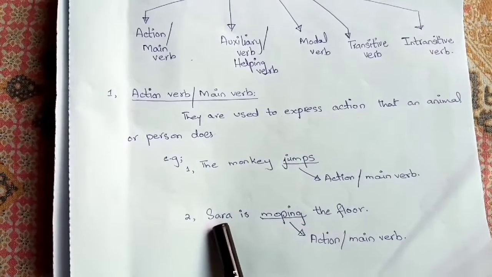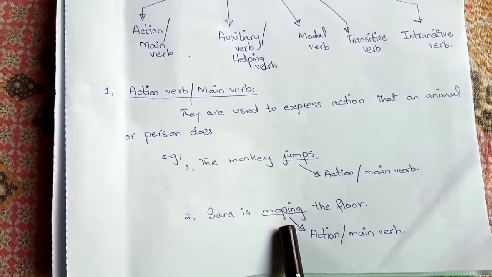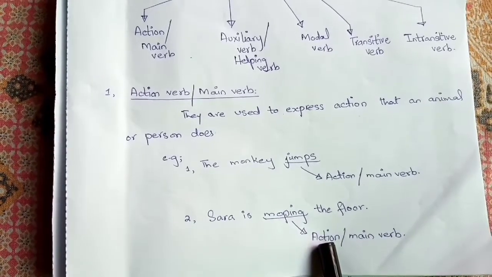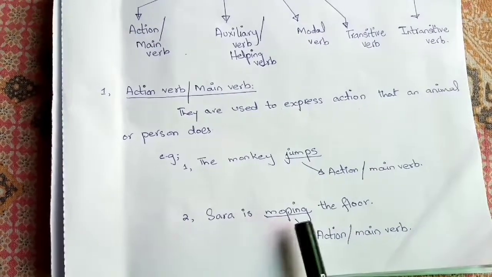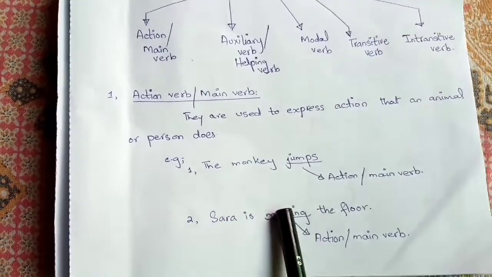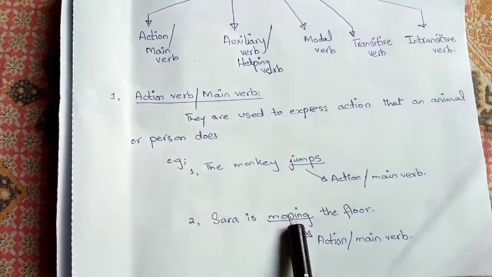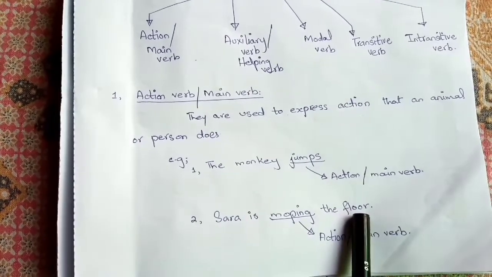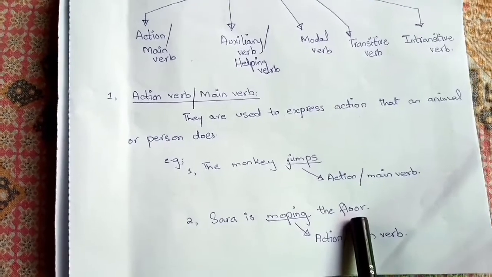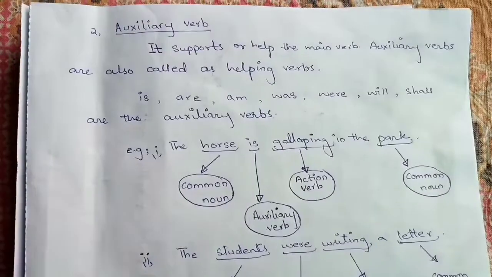Why? Because Sarah is the name of a particular girl. Mopping is an action verb or you can call it a main verb because it's a work done by Sarah. Sarah is doing a work. What work? Sarah is mopping the floor. So floor is a common noun.